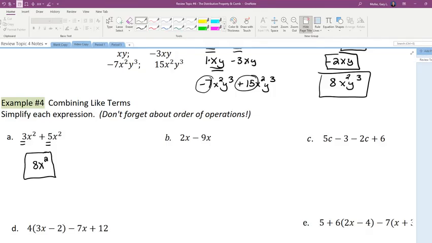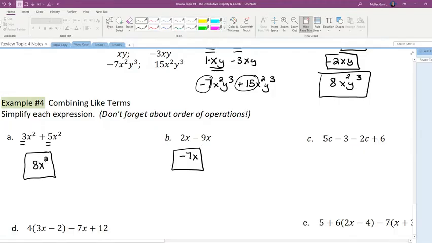Think of it as an item, okay? The new phone is called an x squared, and you have 3 of them, and your friend has 5 of them. And so you put them all out together, you have 8 of them. They didn't change into something else. There's just 8 of them. 2x minus 9x is going to simply be 2 minus 9, which is negative 7, and there's still x's.